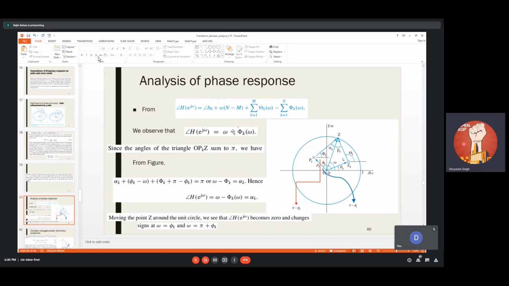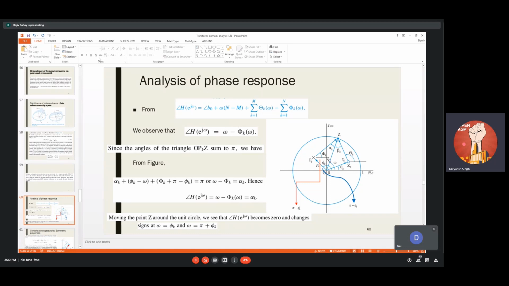So we see that the phase response due to a single pole is equal to omega minus phi k, that is equal to alpha k. As we move the point Z around the unit circle, we see that the angle of H(e^jomega) becomes 0 at omega equal to phi k.